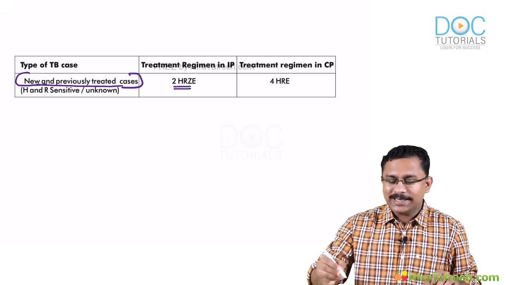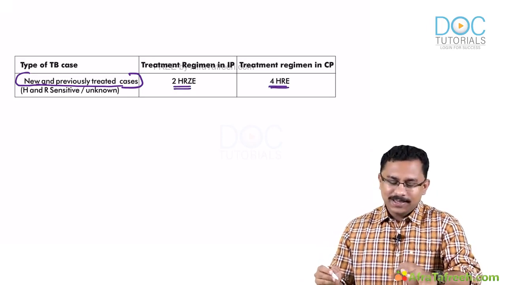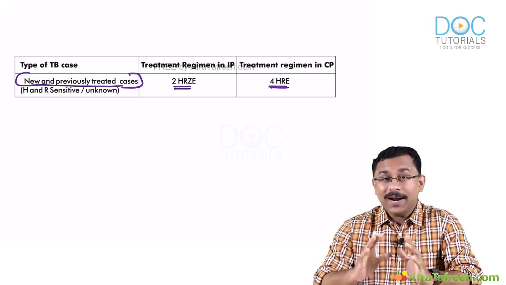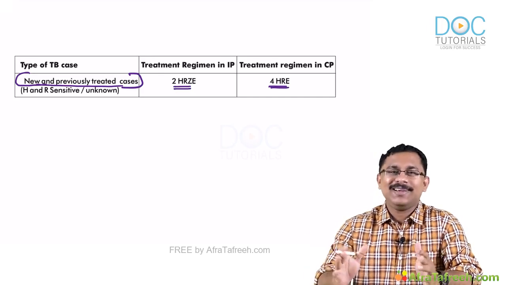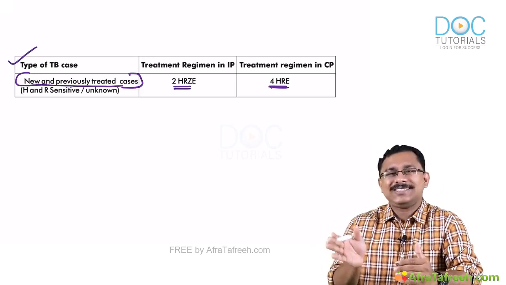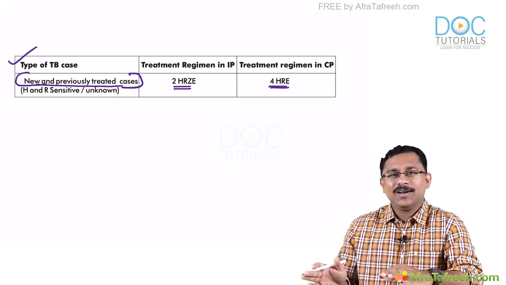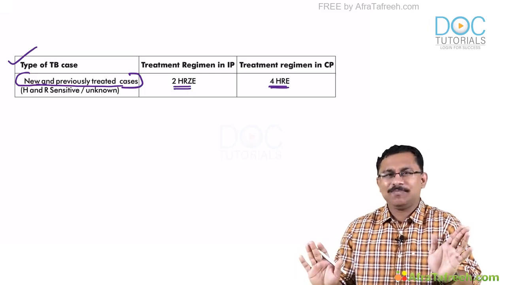So this is 2 months HRZE plus 4 months HRE. This applies to pulmonary tuberculosis or extrapulmonary tuberculosis. Remember, both, if drug sensitive, would fall under this umbrella of treatment, of intensive phase and continuation phase. Very clear, as simple as this.